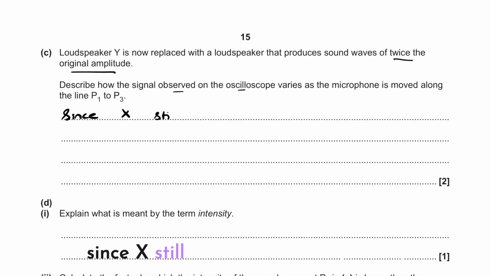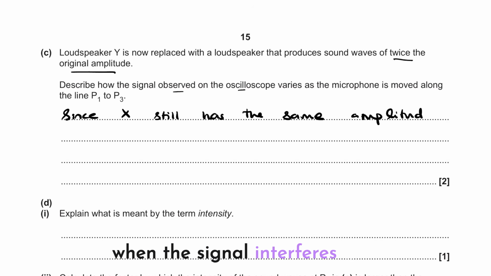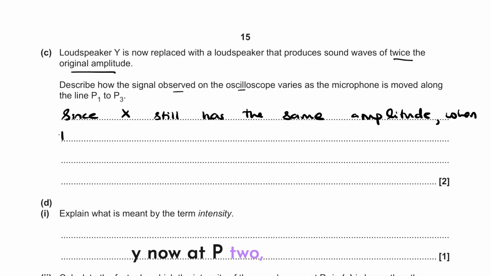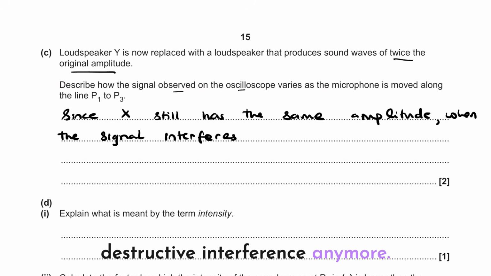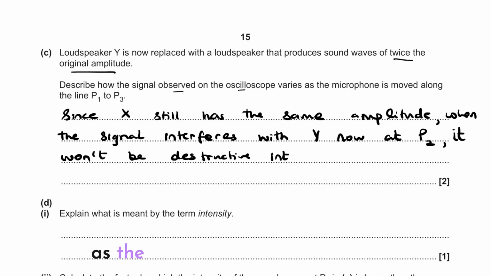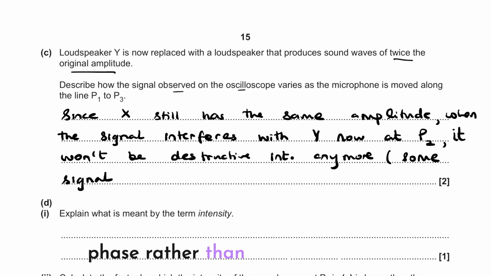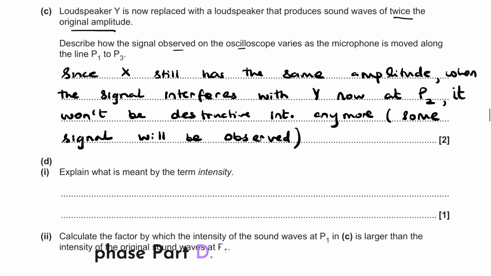Since X still has the same amplitude, when the signal interferes with Y now at P2, it won't be destructive interference anymore. So there would be some signal observed as the waves will meet somewhat in phase rather than completely out of phase.